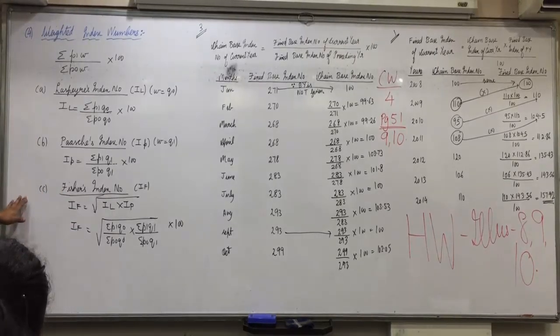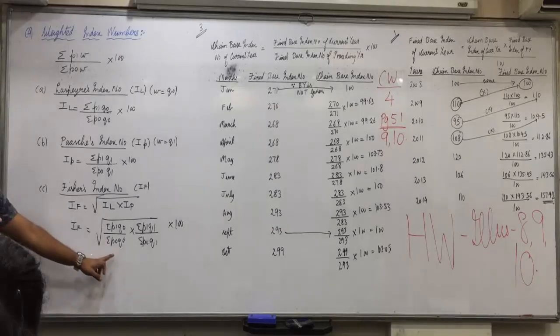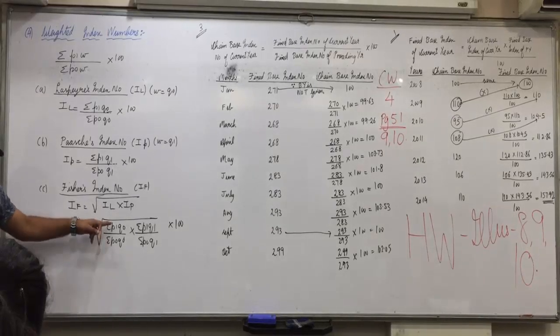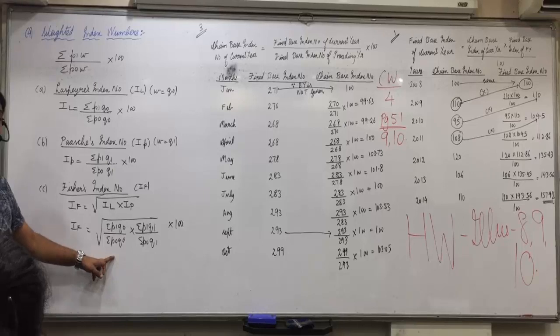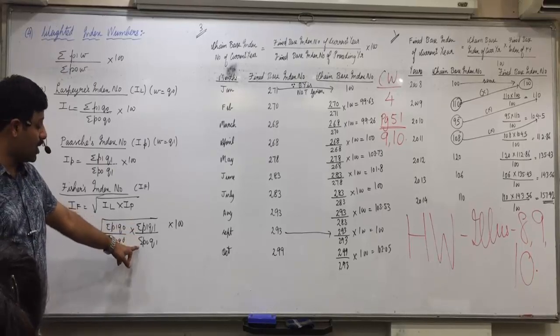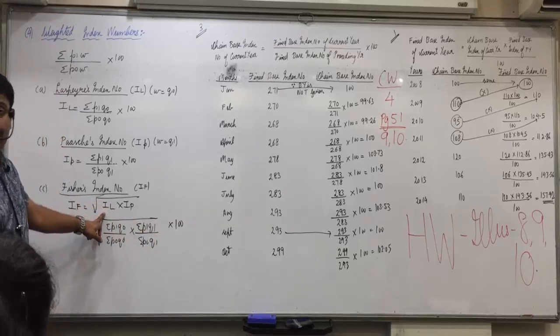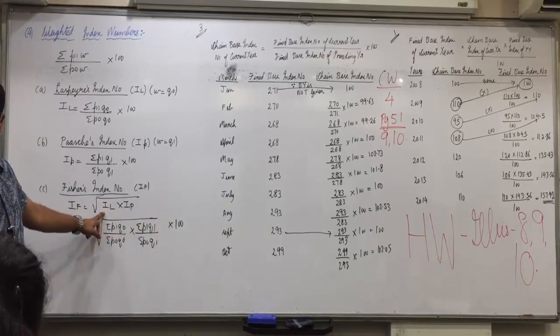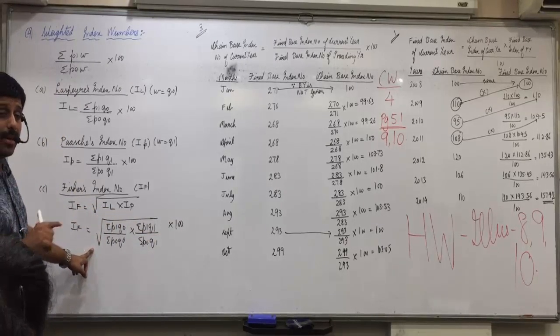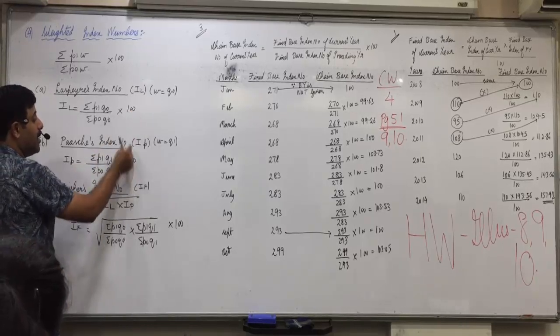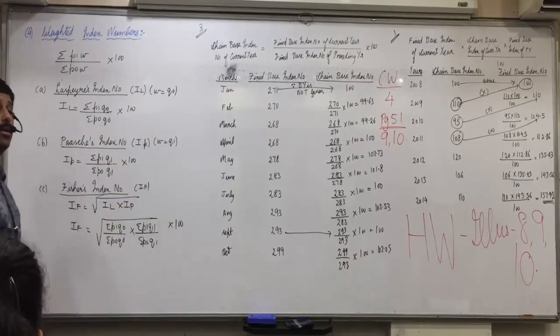So if all three are not asked, apply the second formula: square root of sigma P1 Q0 upon sigma P0 Q0 into sigma P1 Q1 upon sigma P0 Q1, into 100. In the first formula it is not multiplied with 100, in the second one it is, because the square root of 100 and 100 becomes 10 into 10, again 100.